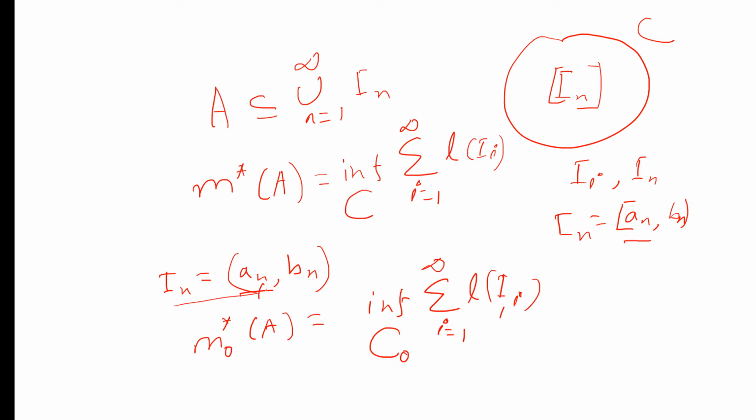Then you will get another definition of outer measure, and that outer measure is equal to the outer measure we have already defined. So for every type of interval, we will have a definition of outer measure. All right, so that is all about this theorem.